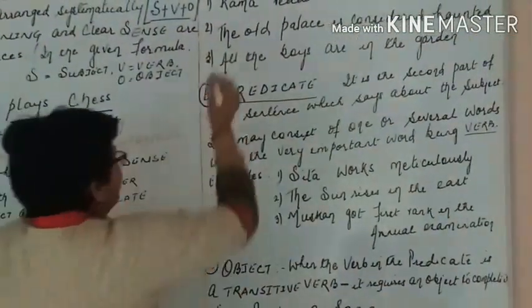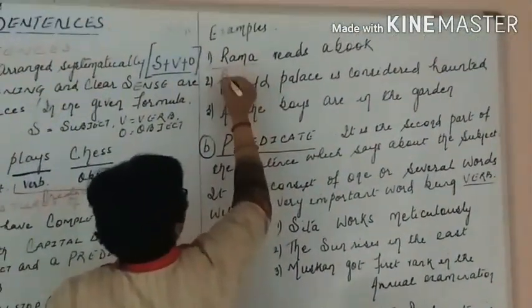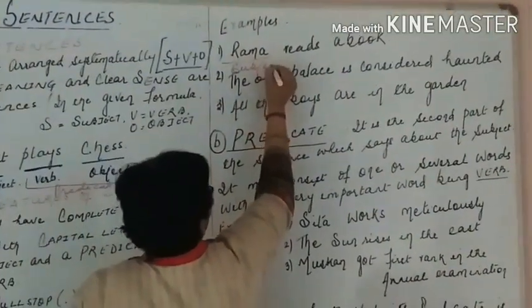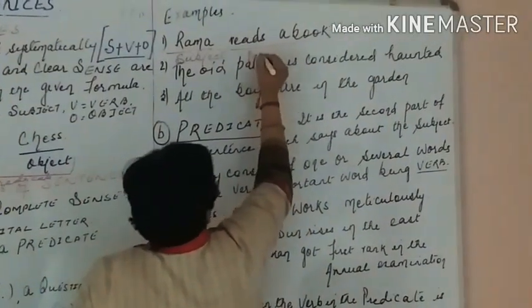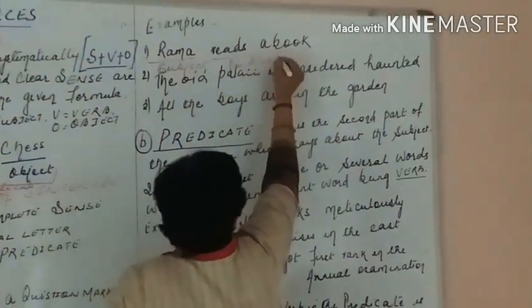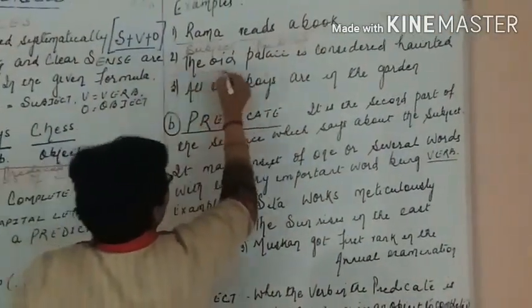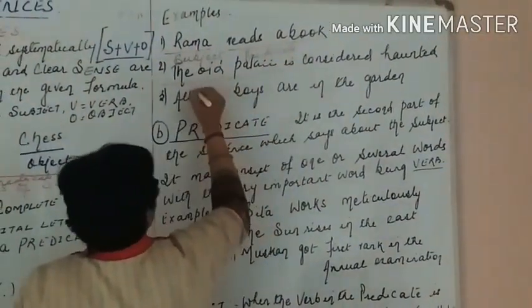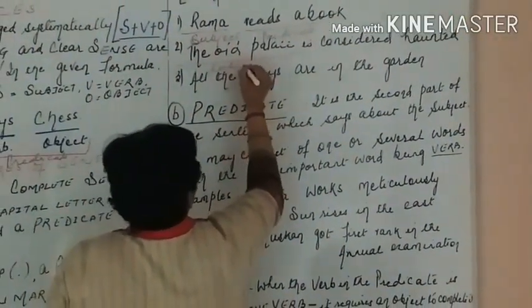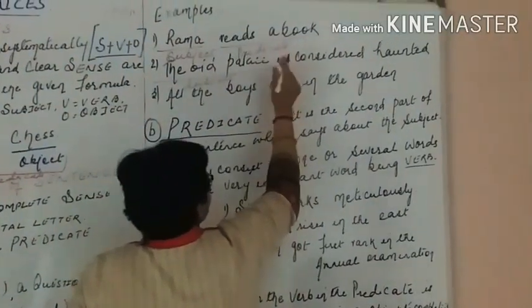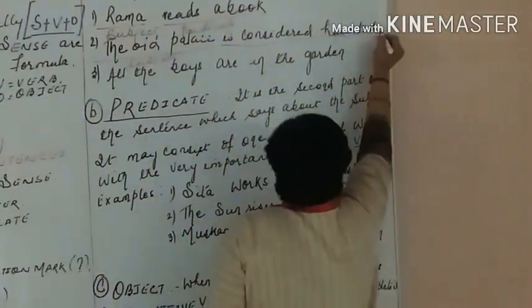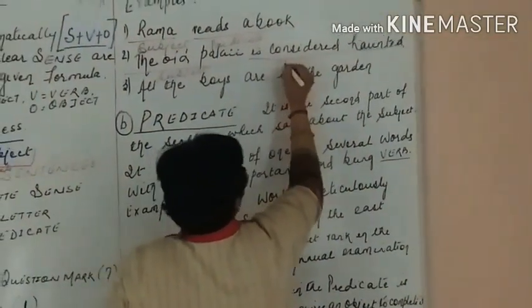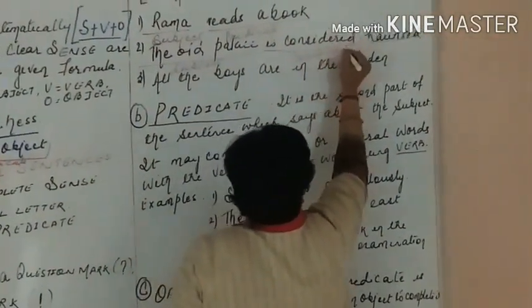Once again, Rama is a subject, and reads a book is a predicate. Take it here: the old palace is a subject, and is considered haunted is called the predicate.